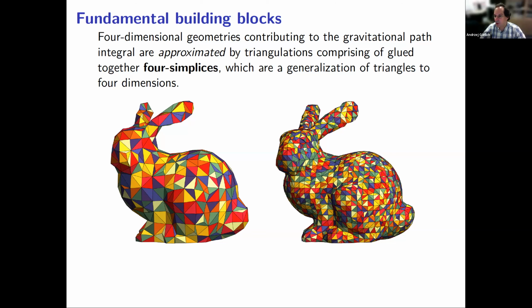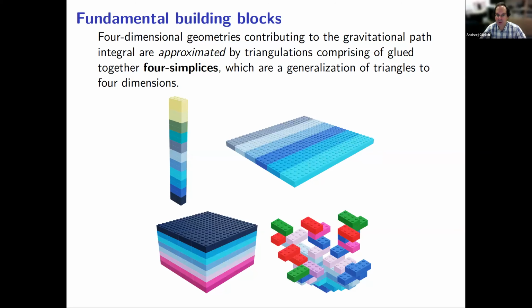Of course, the more simplices we take and the smaller they are, the better we can approximate a smooth geometry. I am now talking about 4-dimensional Causal Dynamical Triangulations, and the whole talk will be about this model in 4 dimensions.